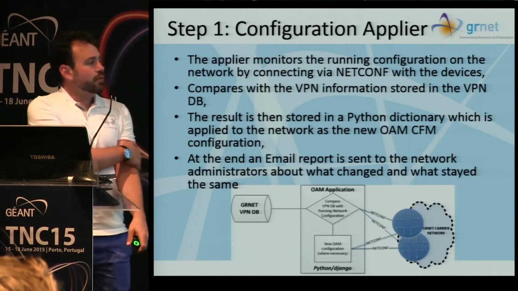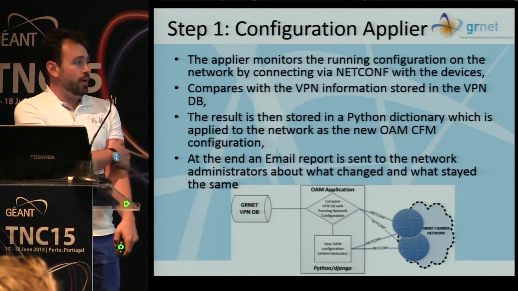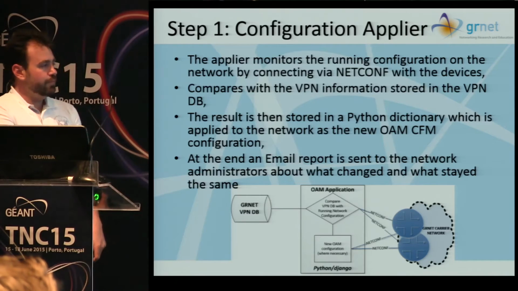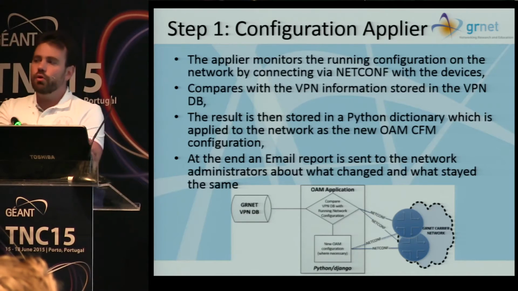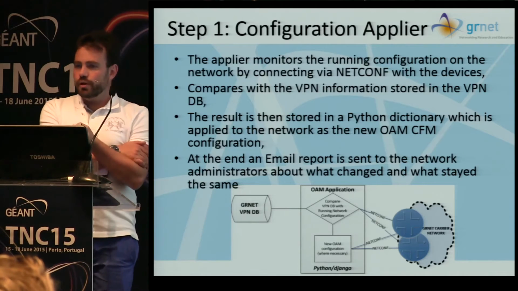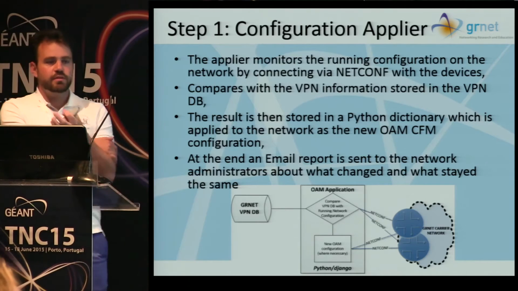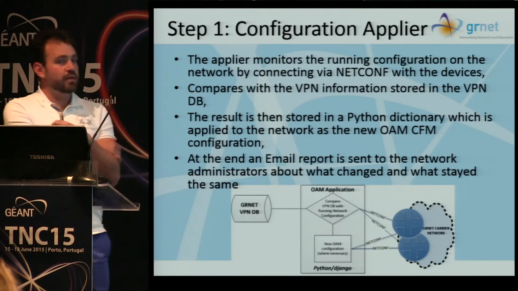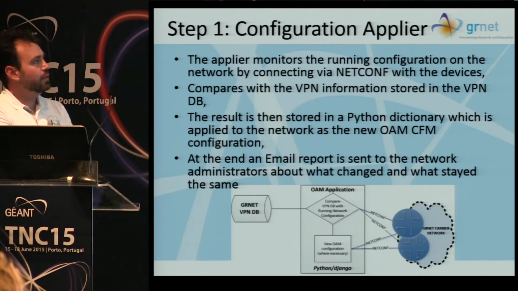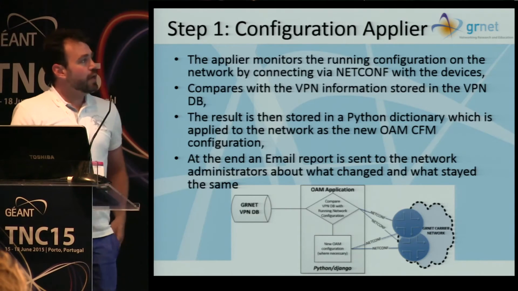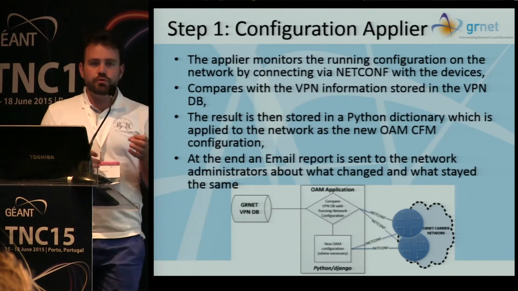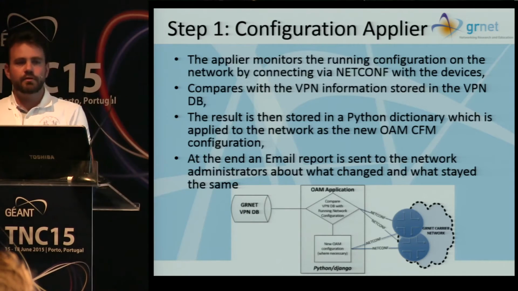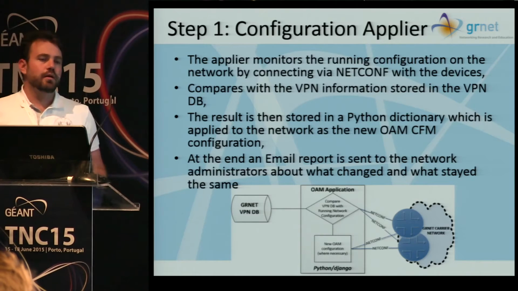So the first thing, when a new VPN is configured, the tool periodically traverses all the routers using Netconf, fetches the configuration of the VPNs, and if a new VPN is identified, then it automatically creates the corresponding configuration in order to put OAM capabilities for this VPN.